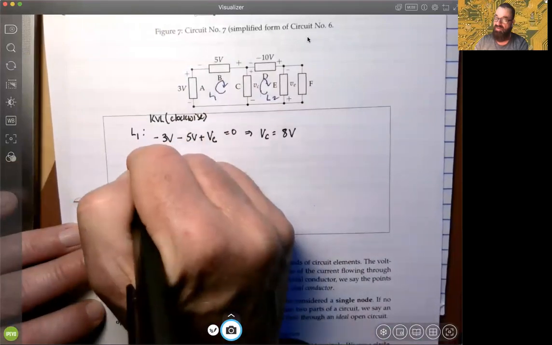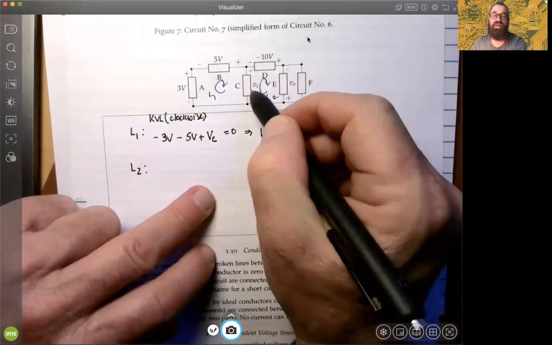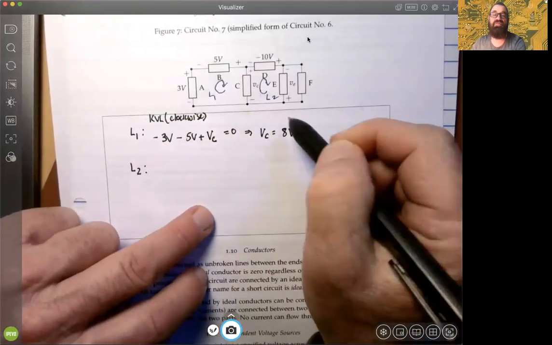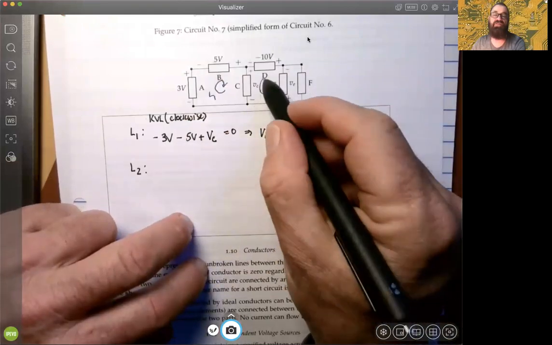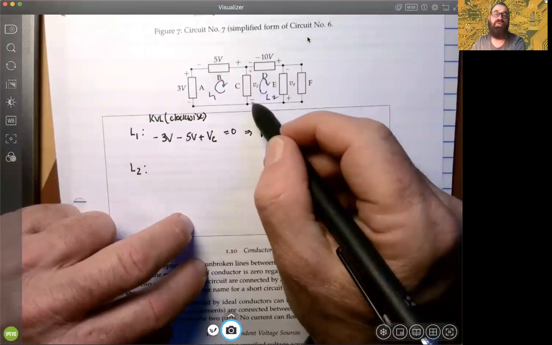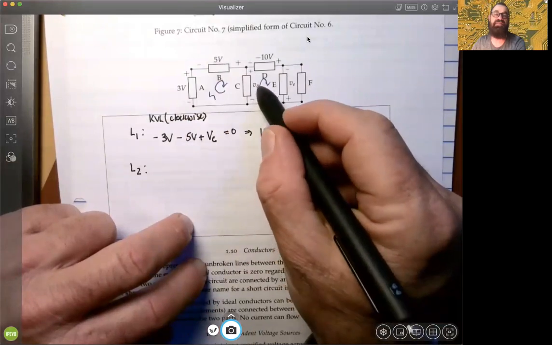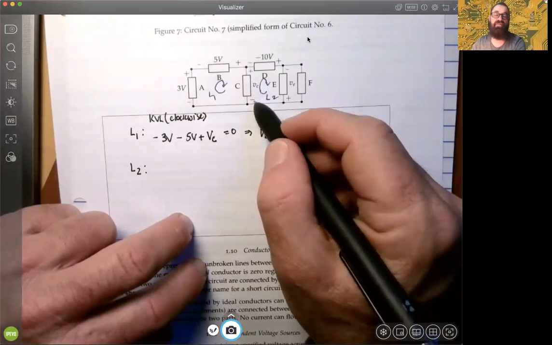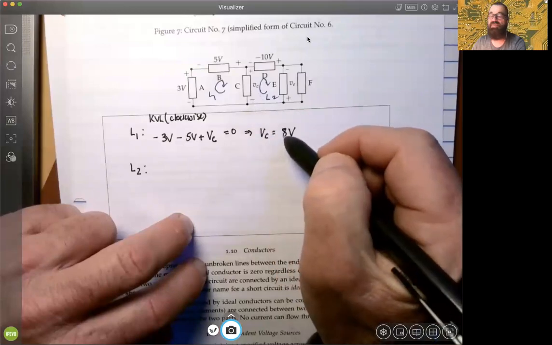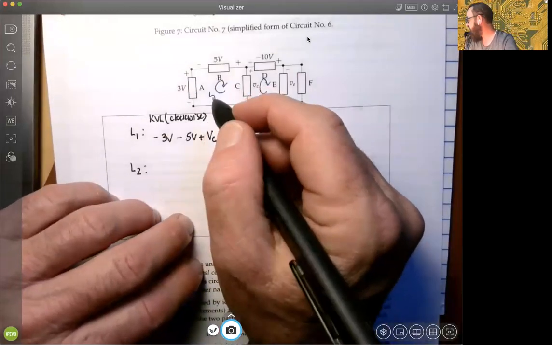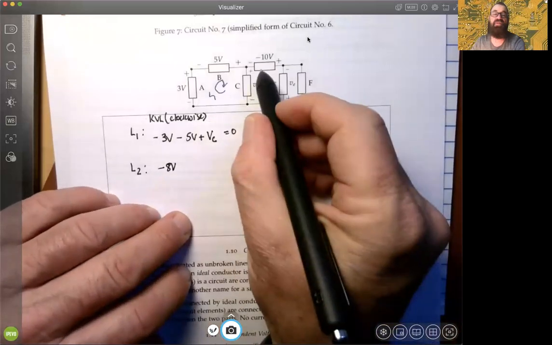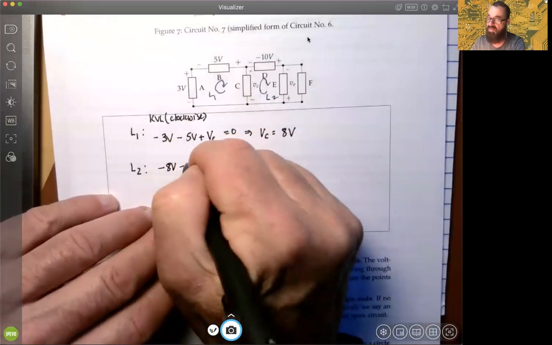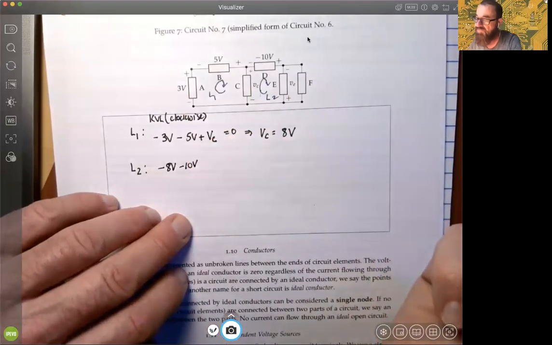So now moving on to loop 2, since we now know that VC is 8 volts, we go through the closed path, paying attention to voltage polarities as we go. Coming into the negative polarity here for element C, it's 8 volts, so we should have minus 8V. Coming into the negative polarity for that 10, minus 10 volts.